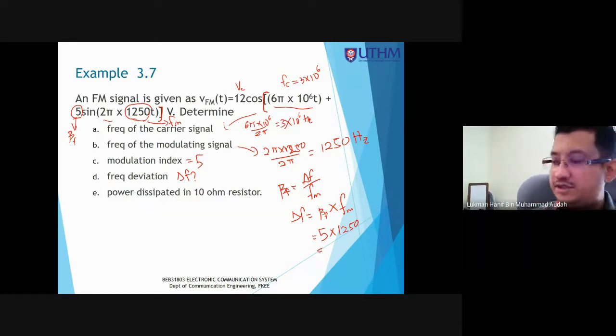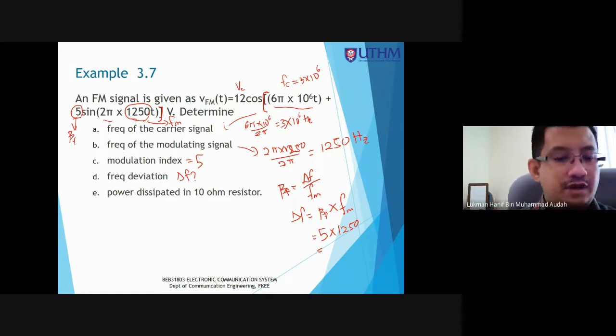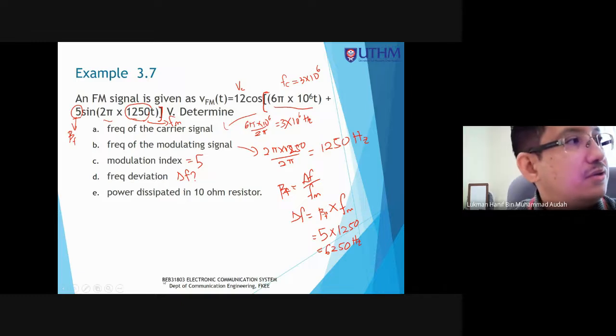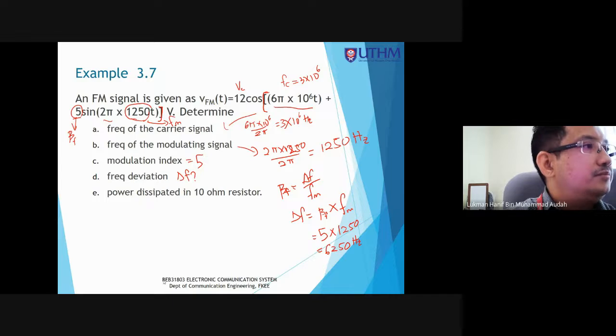So 5 times 1250, you get 6250 hertz. Please open your calculator so that we can check.